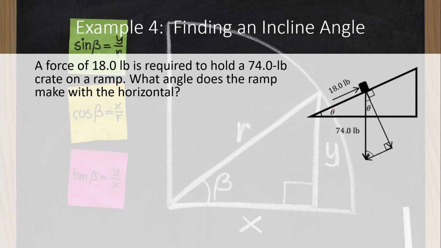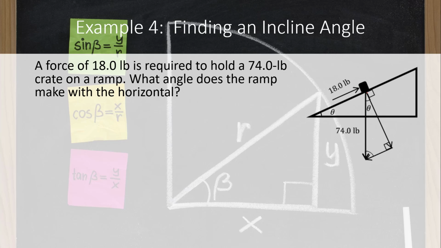Well, basically, this has to be of a high enough angle so that this particular force is equal to 18 pounds. Because if this force is less than 18 pounds, then the box will be pushed up. If this force is greater than 18 pounds, then the box will be pushed down. So we want to find that value theta that makes this side 18 pounds.